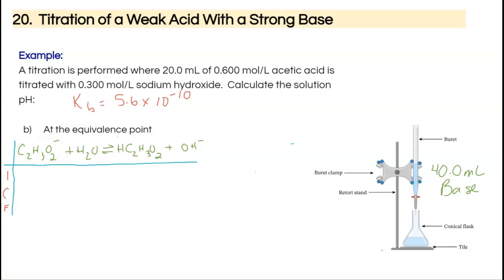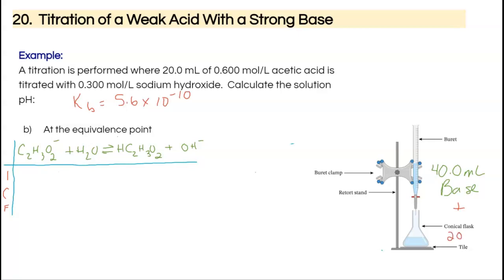The acetate ion is coming from the weak acid that we started with, but we can't really look at the initial concentration of acetic acid because we've added a boatload of base.